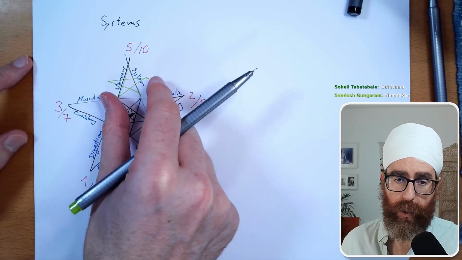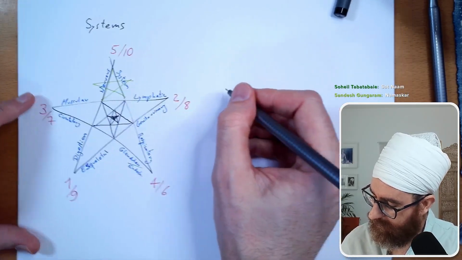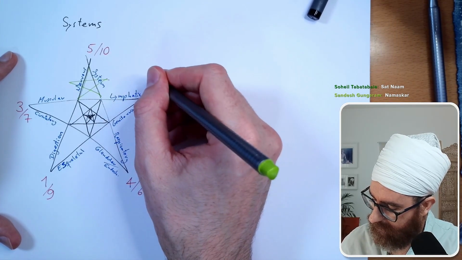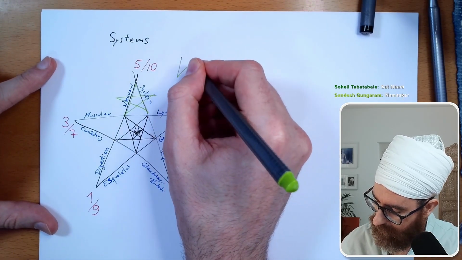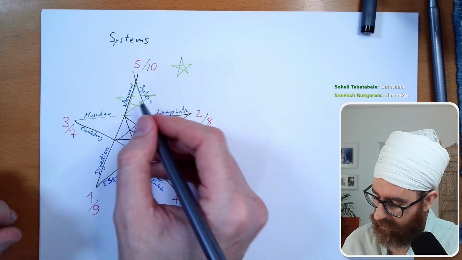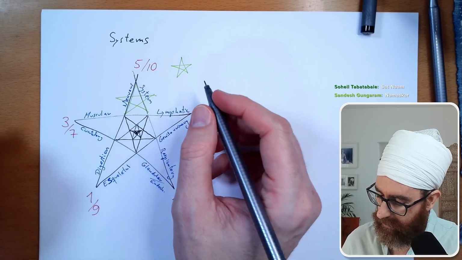If we zoom in to one of the systems, we would find this one. Let's do it on the side, so it's not too messy.